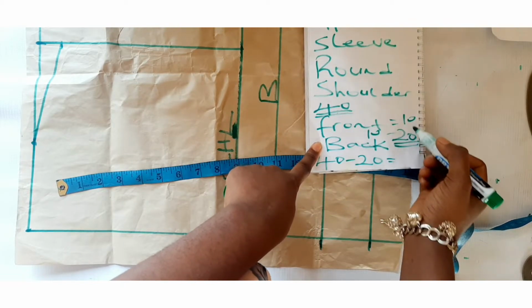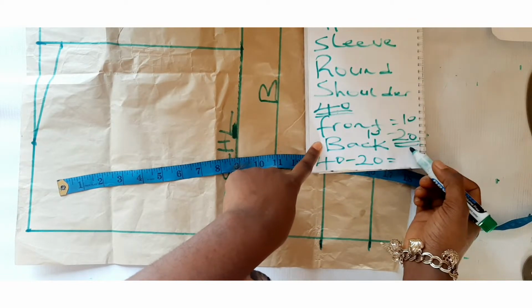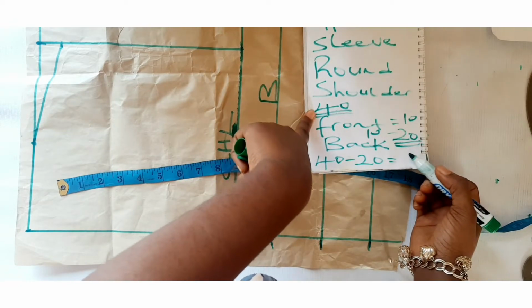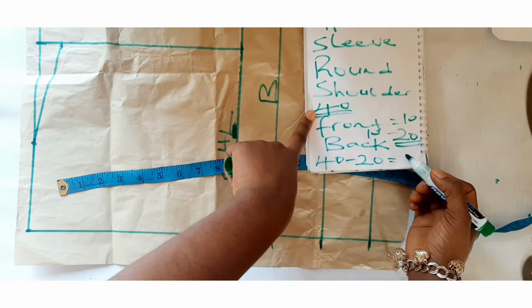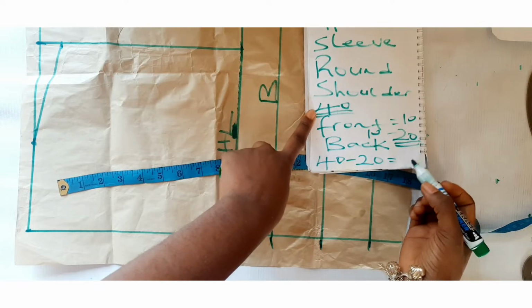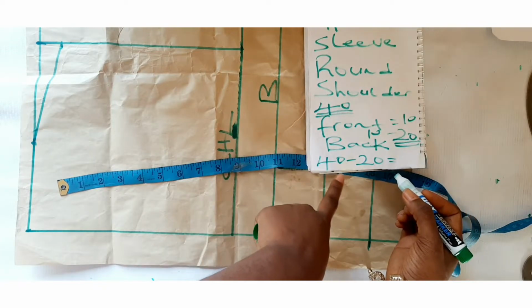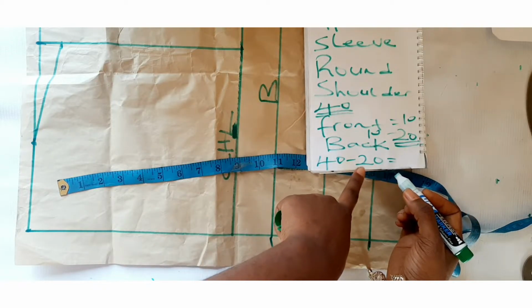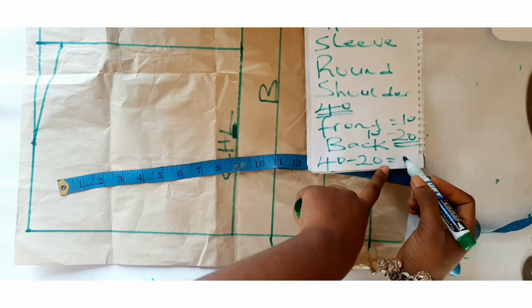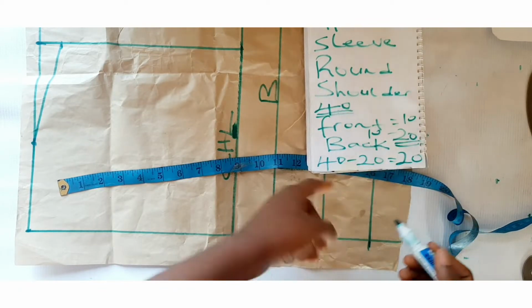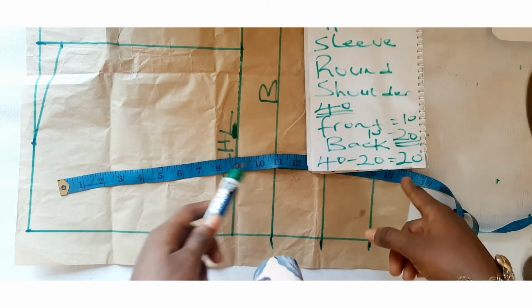When I add them together, it gives me 20. And this 20, I'm going to remove from this round shoulder, which is 40. 40 minus 20 gives me 20 for my off-shoulder sleeve.